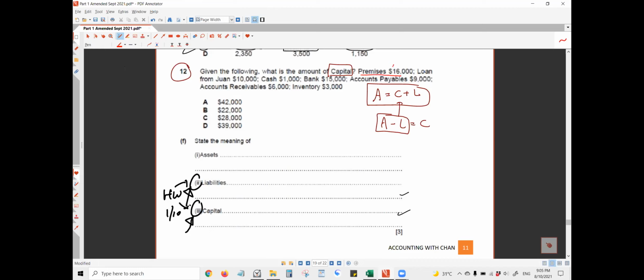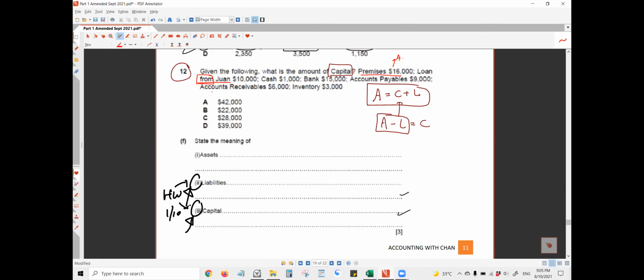Premises, asset. Loan from John. Remember the difference between to and from? Just now we saw loan to somebody, loan to employee, that's a current asset because the employee owes us money. Loan from John means we borrow money from a person named John.